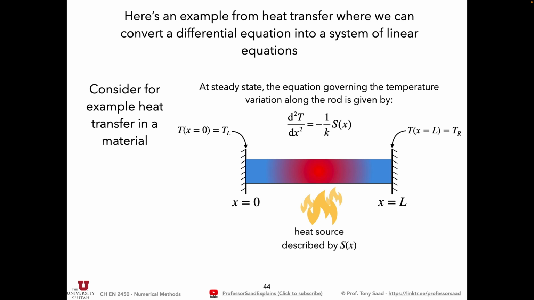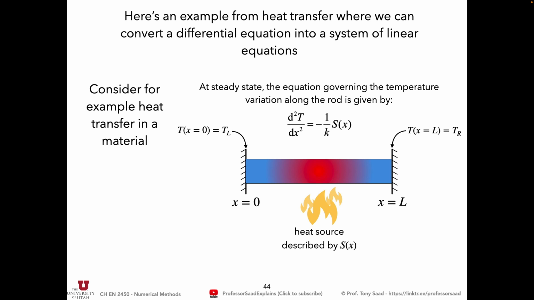What this is saying is that the second derivative of temperature, as it changes along x, going from T left all the way to T right, is being exposed to some heating source. So the temperature is being forced to change, not only by the boundaries, but particularly by this heating source. You will study where this equation comes from and why it looks like this.